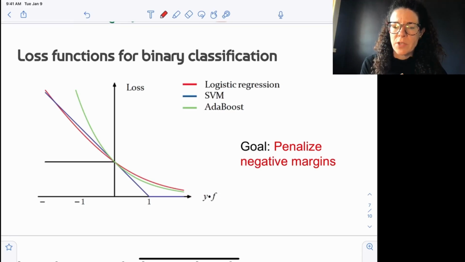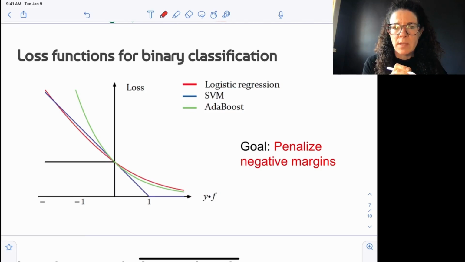So the loss function should be mostly 0 for large positive margins and should be large for large negative margins. Different loss functions are going to penalize differently. Here we have the logistic regression loss function, the SVM loss function, and the AdaBoost loss function. I'm about to show you the formulas in a little bit.